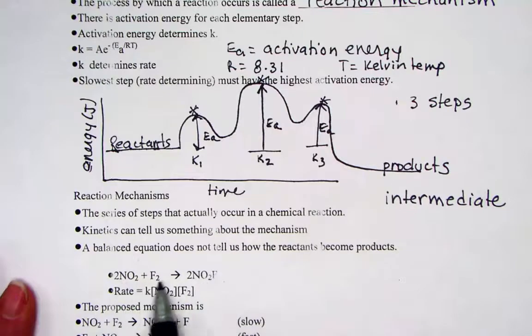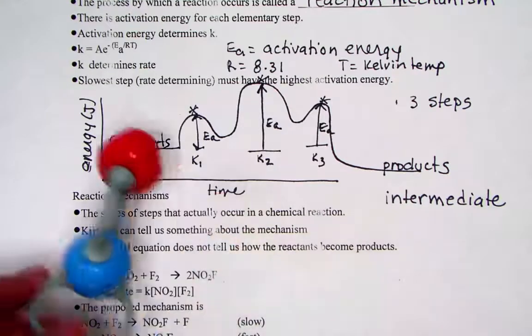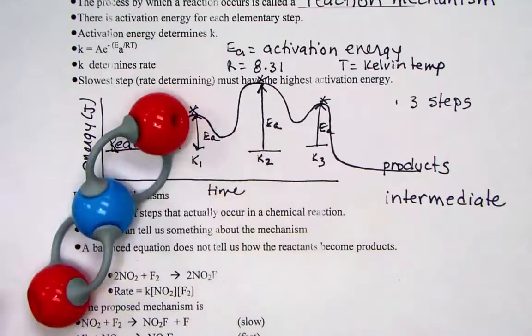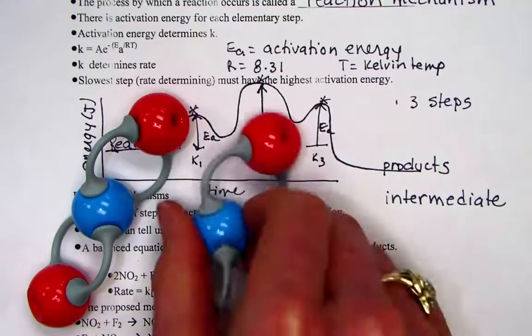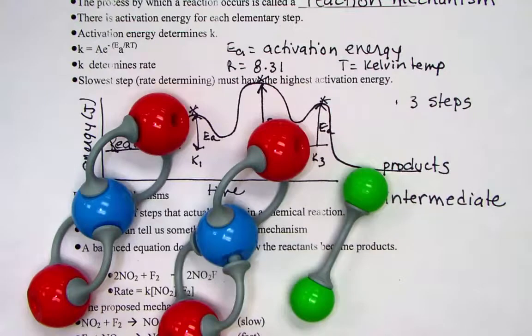If I look at this particular reaction, just visually for a moment, a molecule of NO2 could be represented with this figure. A second molecule of NO2, and finally the F2. There are 3 molecules on the left side of our equation. How do they achieve the overall product, 2 units of NO2F?